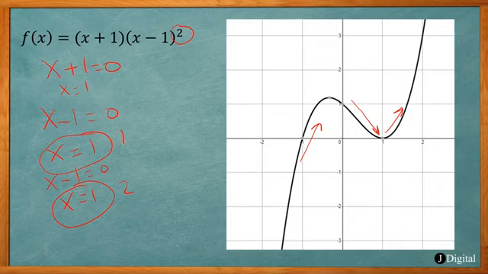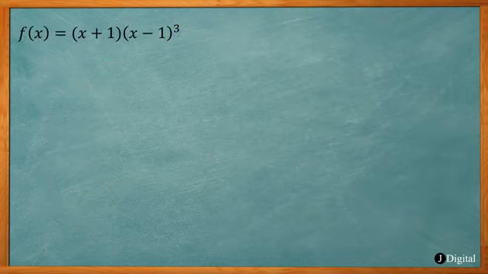You see the first one had a multiplicity of 1, so it went right through it. So the one had a multiplicity of 2, hit the intercept, and bounced off of it. Look at this one. We have a multiplicity of 1 here, and 3 for that one.